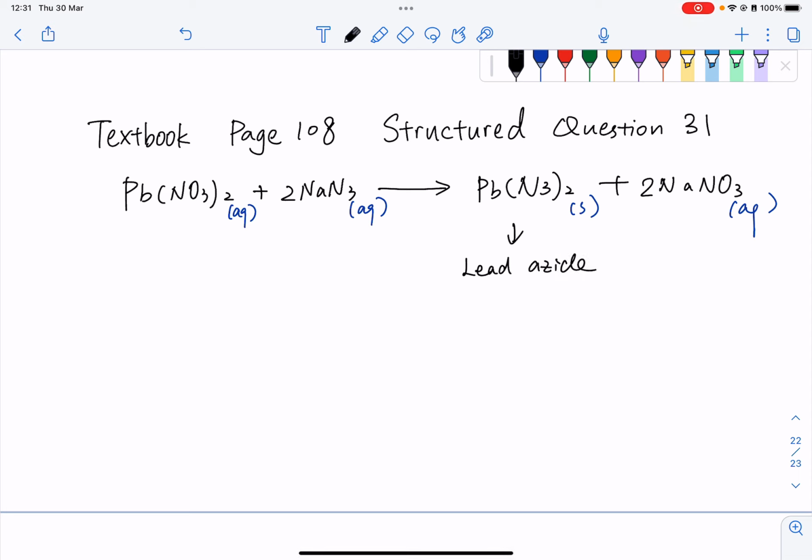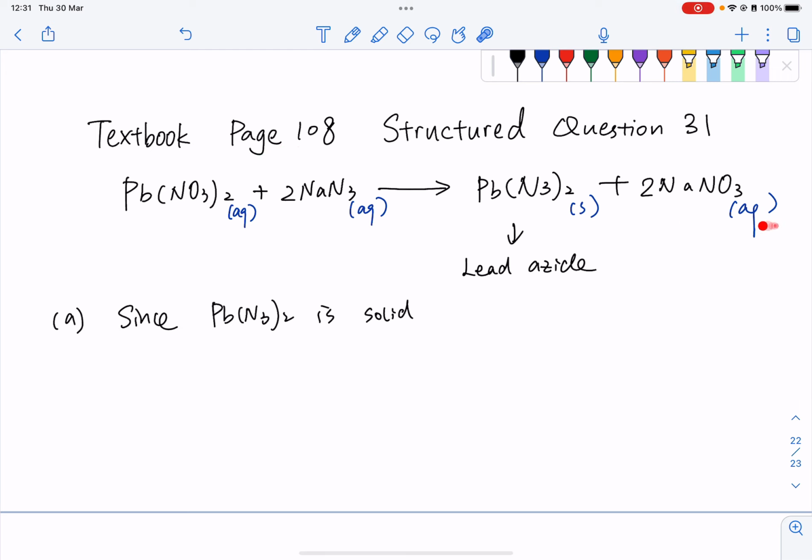If you want to separate it, and if we see from the states, since Pb(N3)2 is solid, and the other reactants or products here are all aqueous, right? So what method can we use to separate solid from aqueous? It should be filtration, right?